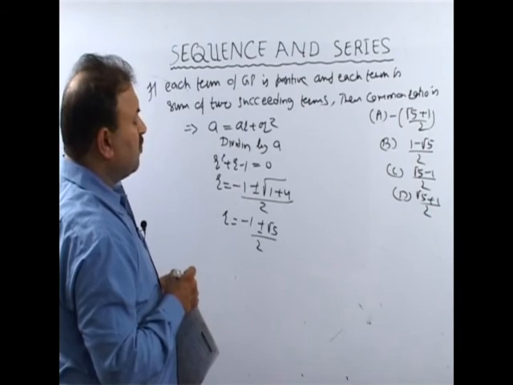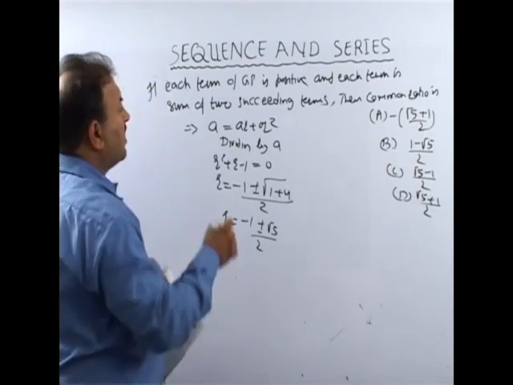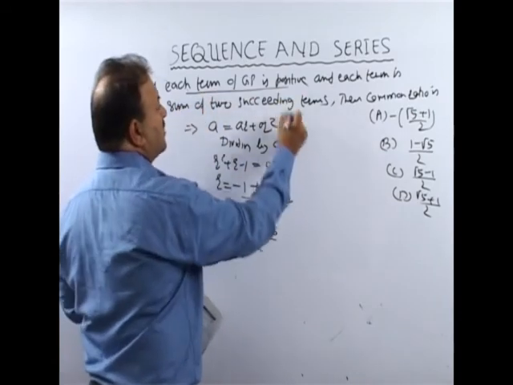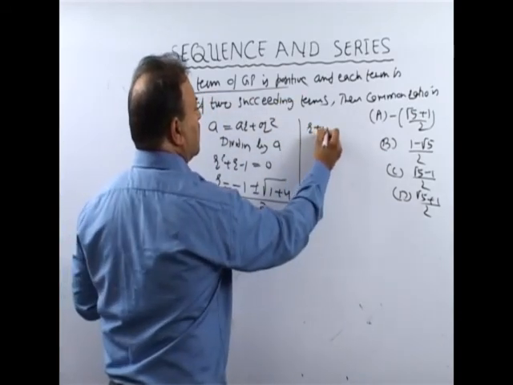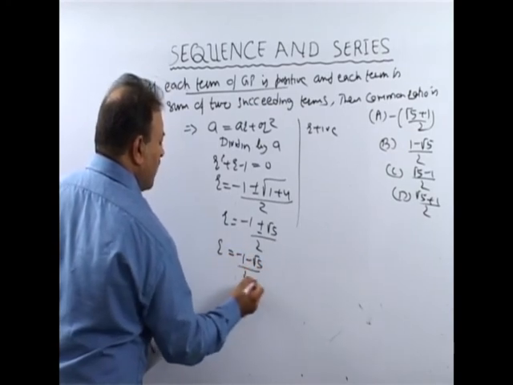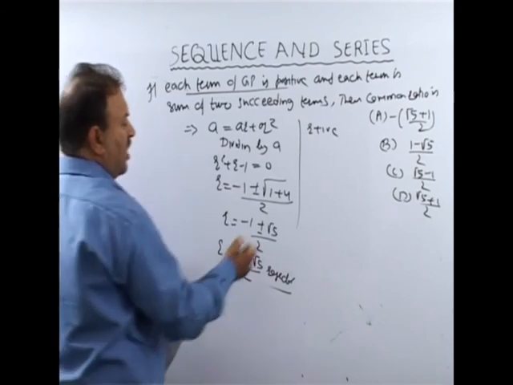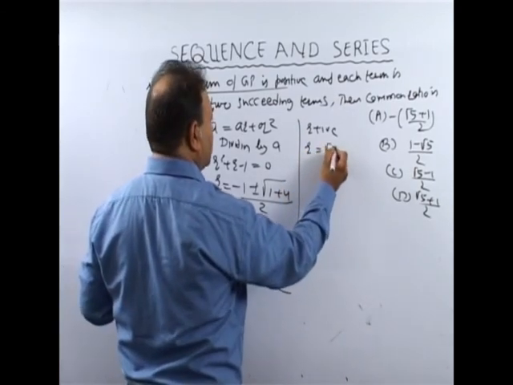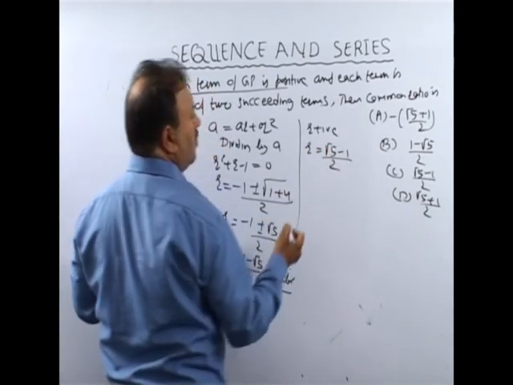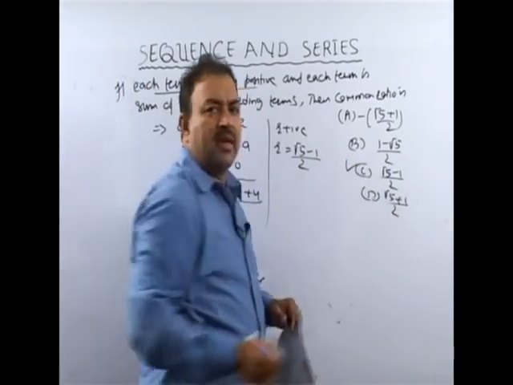Now we have to check which is the right value of R. If each term of the GP is positive, R should be positive. So R equal to (minus 1 minus root 5) by 2 is rejected. We get one value of R, that is (root 5 minus 1) upon 2. And the right option comes out to be the C part.